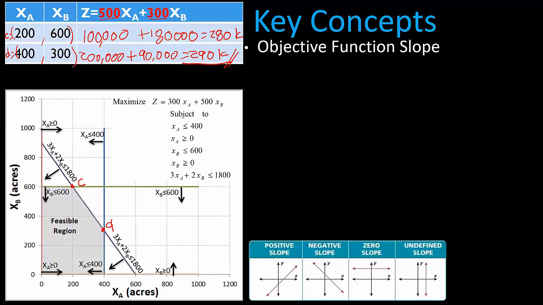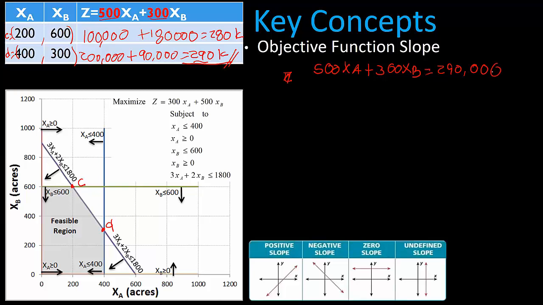And what we're suspecting, if we do this math, sorry, it will be 500XA plus 300XB. In this case, I'm going to use the maximum value, 290. Okay.